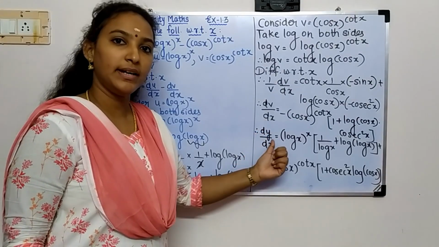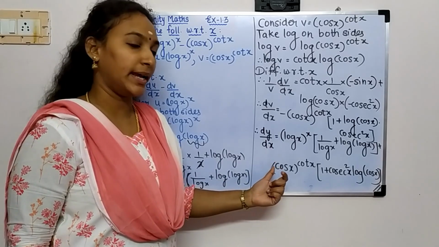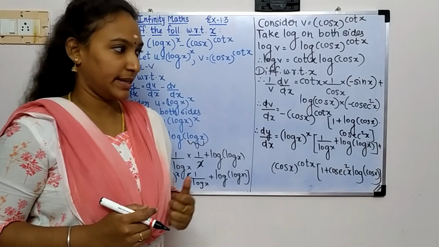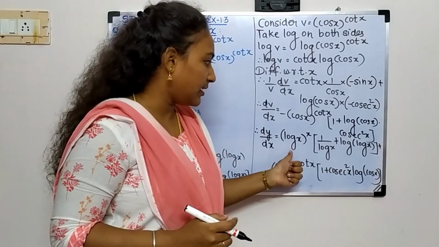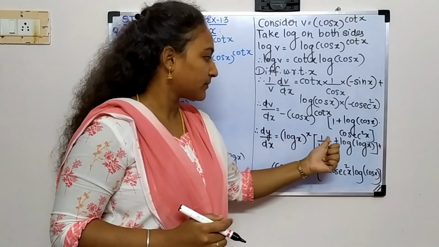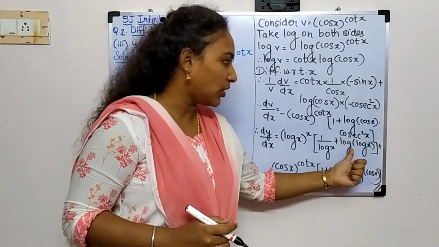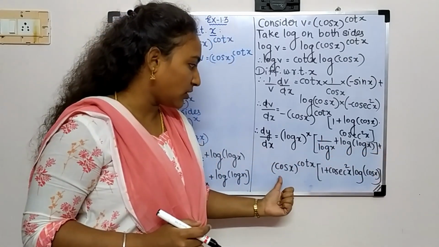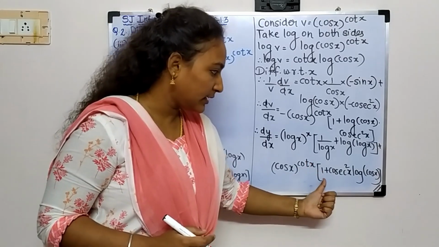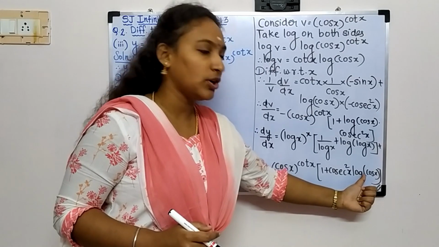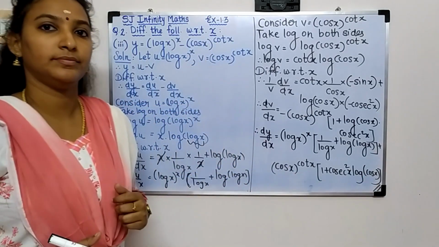The answer for dy by dx is easily obtained when we add du by dx plus dv by dx. So the answer is log x to the power x multiplied with 1 upon log x plus log of log x, plus cos x raised to cot x in bracket 1 plus cosec square x into log of cos x.